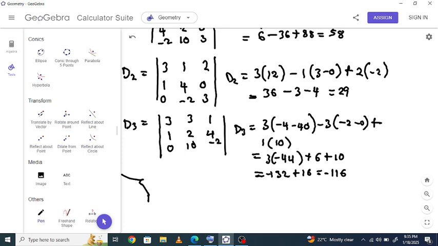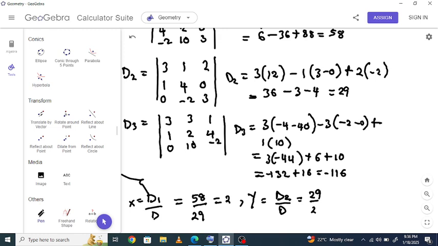Now we need to find x. Our x will be D1 over D, which means we will have 58 over 29, which gives us 2. Our y will be D2 over D, which will be 29 over 29.